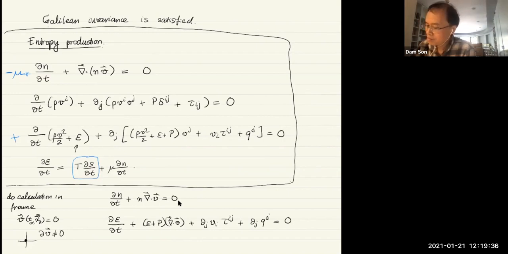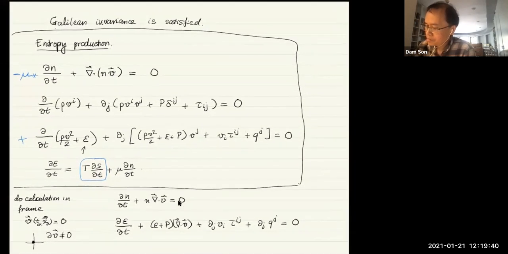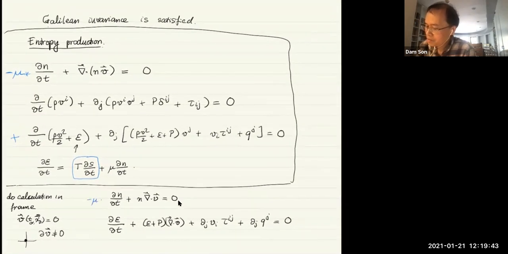That means multiplying this equation by minus mu, and then adding it to the second equation.